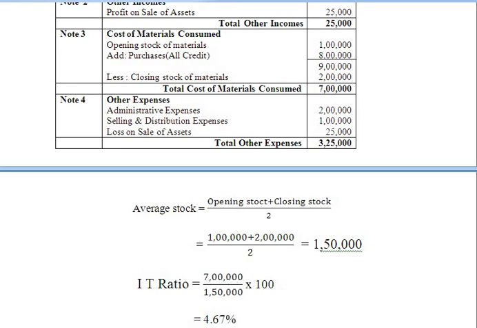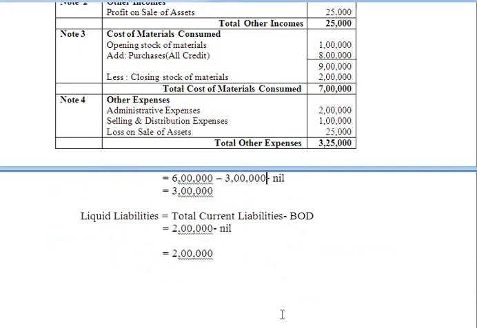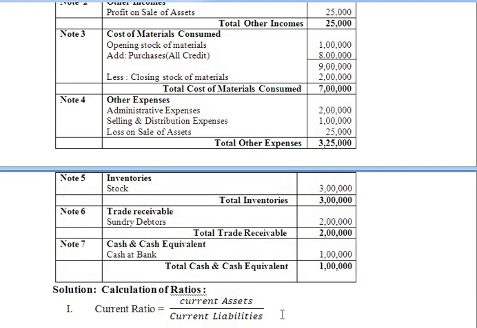So this is the calculation of inventory turnover ratio. I hope you have understood all the calculations.